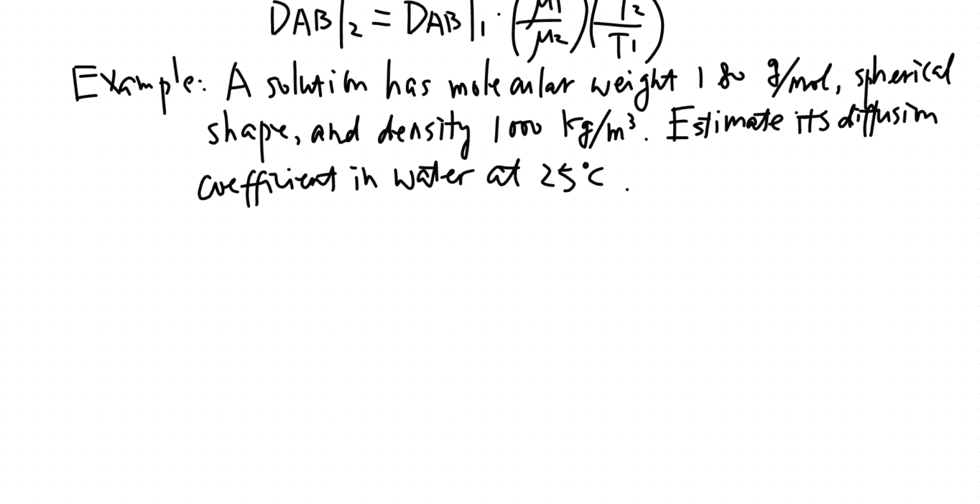So first of all, you need to know the size. If you want to use the Einstein relation, then you need to know the size of the radius. So let's find the size first.